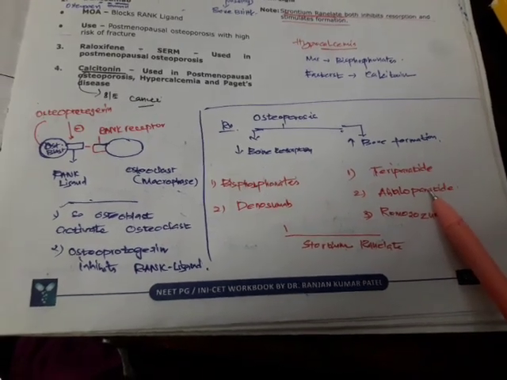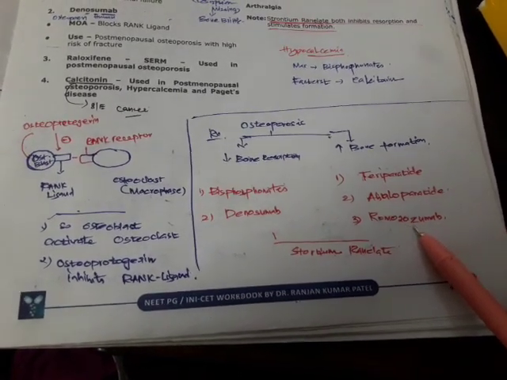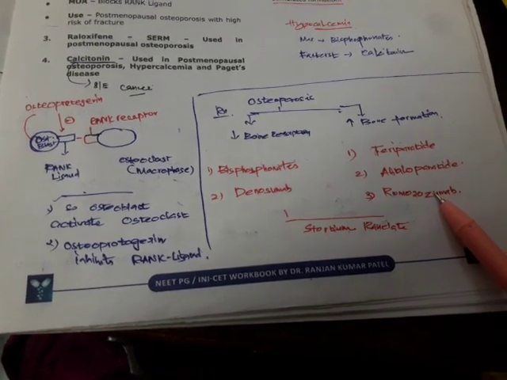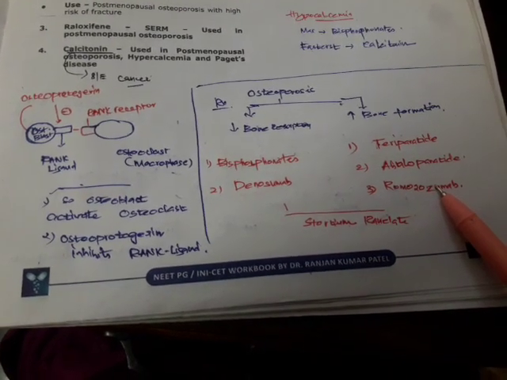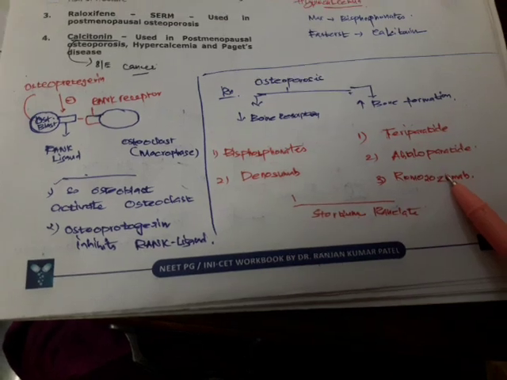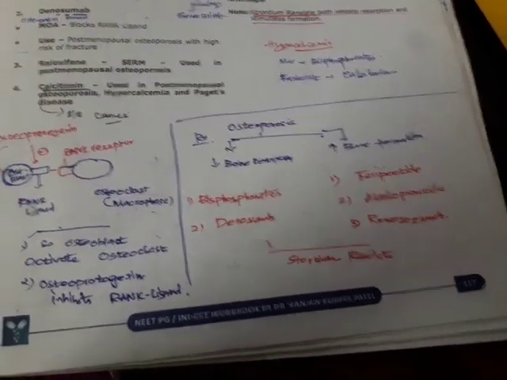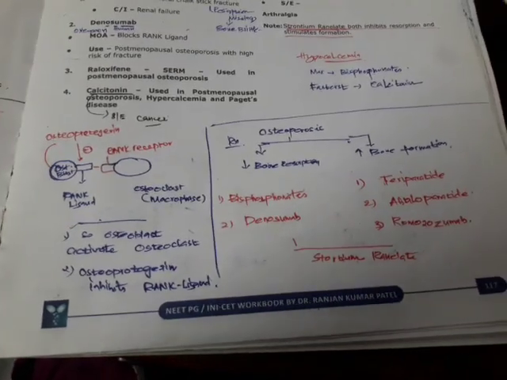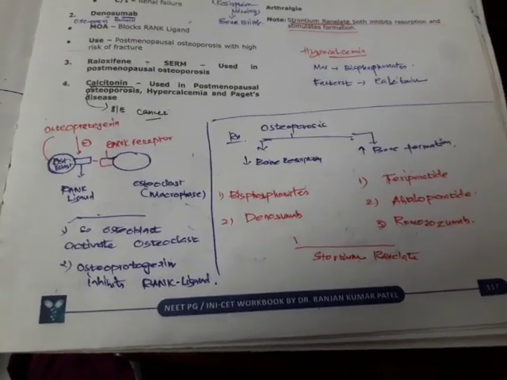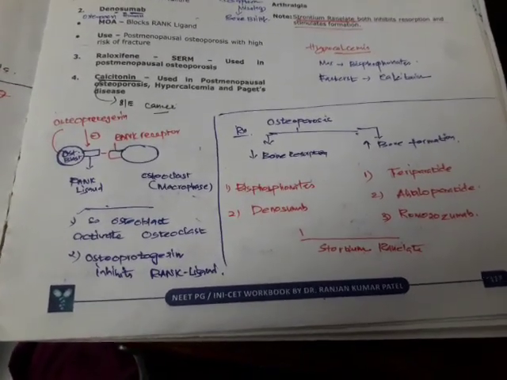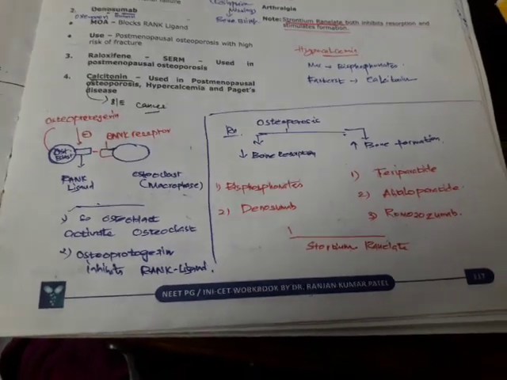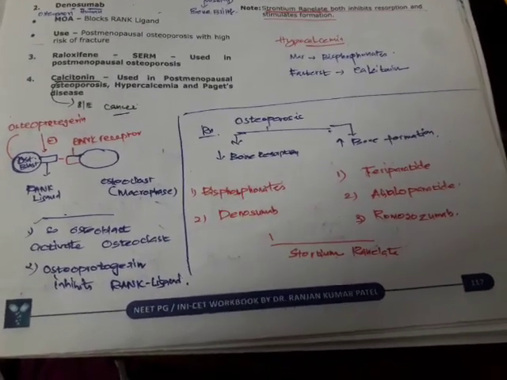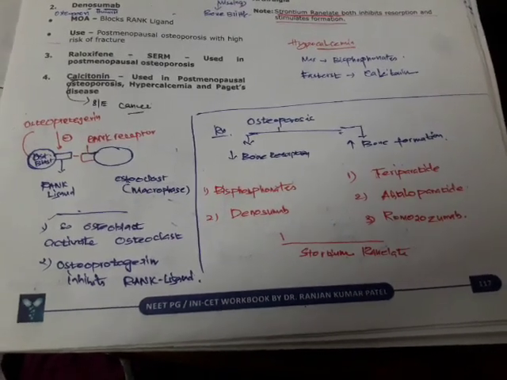Romosozumab is also an antibody which mainly blocks one protein called sclerostin. Parathyroid hormone, just keep in mind that it mainly is involved in bone formation, no need to go deeper. So these three drugs help in bone formation.